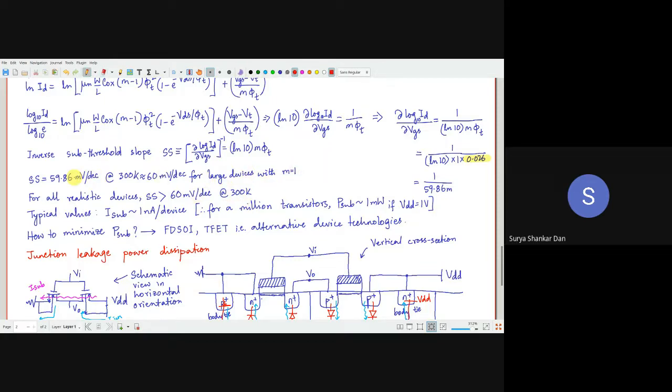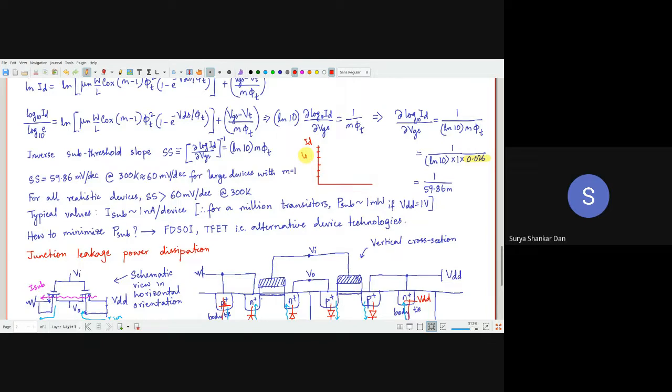Very good. So what we understand is that no matter what you do, if your device is a MOSFET, you cannot make this slope lesser than 60 millivolt per decade. What is the meaning of it? It means that if I am plotting this ID, as I said, you can plot this ID on a log scale.